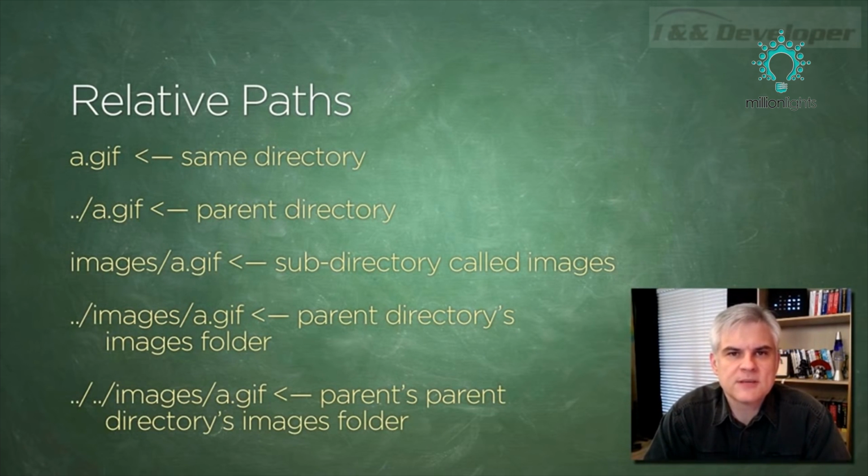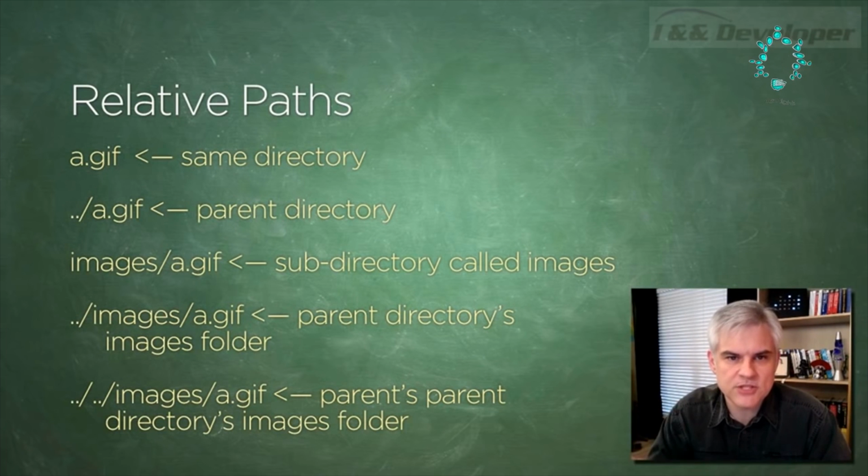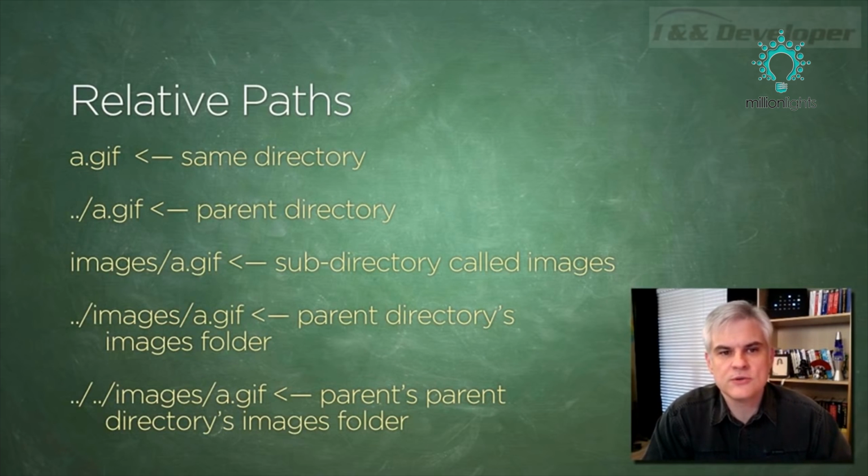So if we wanted to reference something else in our href, for example, of our anchor tag, and that resource was in the same directory as our web page, we can merely reference it like so, a.gif. If that file was in a parent directory, we could use the .. notation that we talked about just a few moments ago. If the given resource is in a subdirectory called images, then we would use images/a.gif.